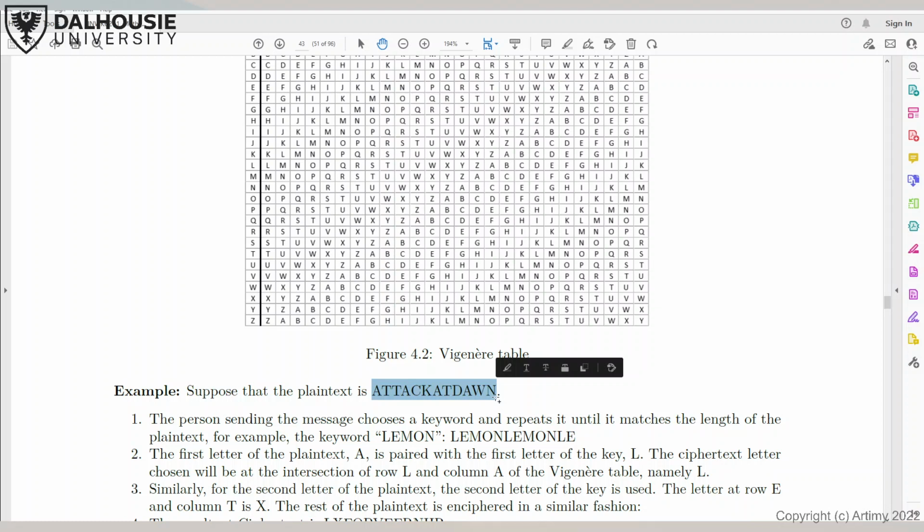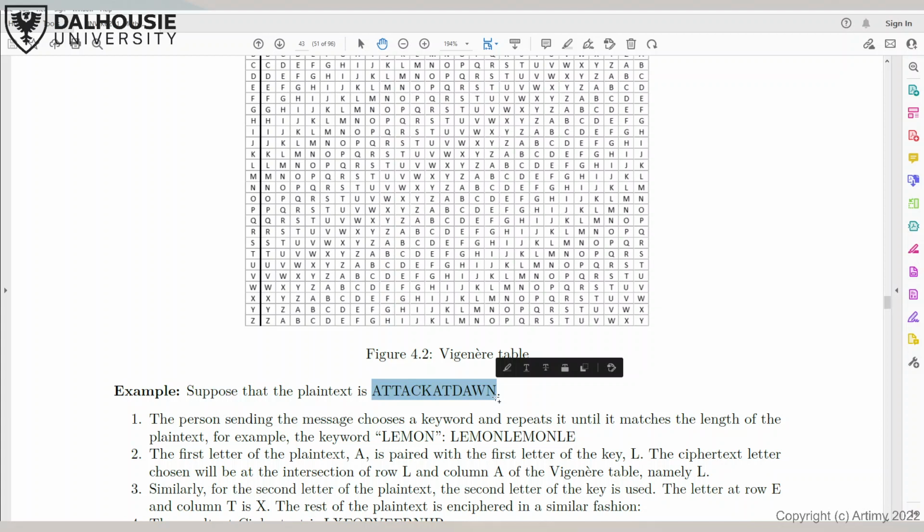I said one of the vulnerabilities of the Vigenere technique is that if somebody knows the key size, it becomes just a simple Caesar substitution cipher. It's just that it repeats every 6 characters. But if I make the size of the key match the size of the message itself, then I eliminate this vulnerability.